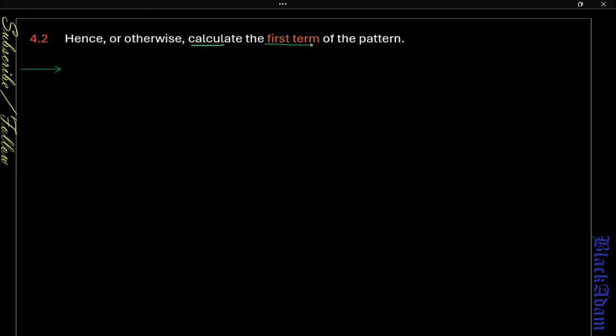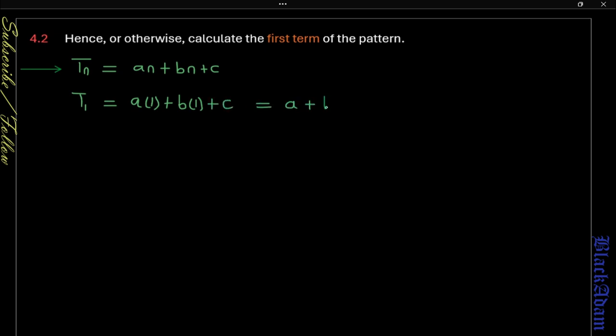And then we move on to calculate the first term. Tn is equal to an squared plus bn plus c. So T1 is going to be a plus b plus c.